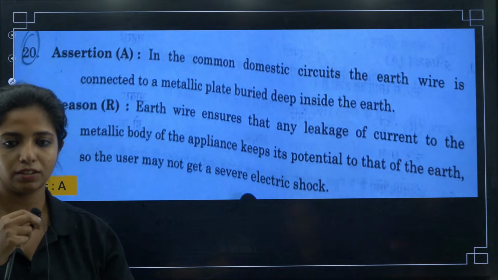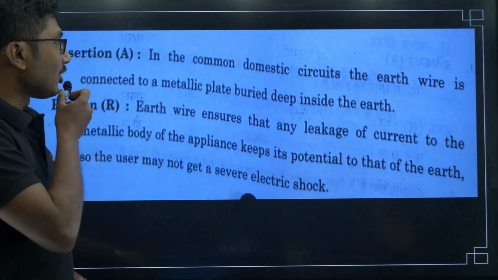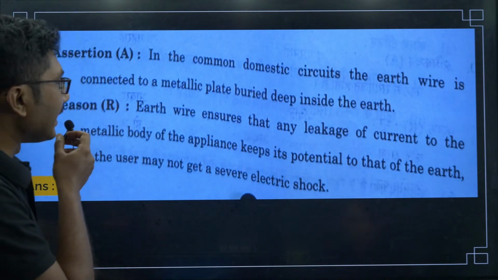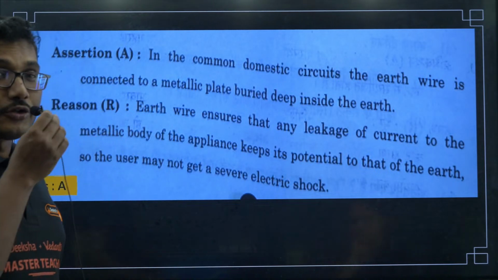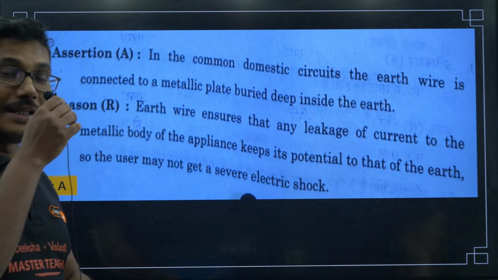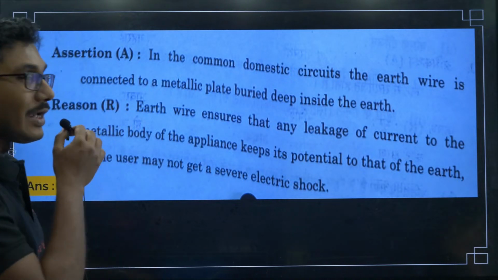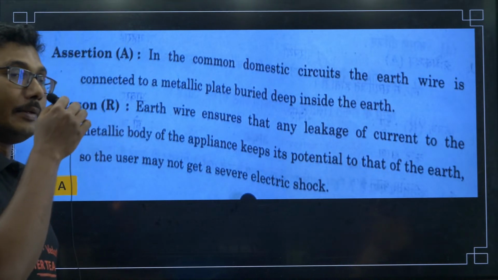Now the next question, I think again it is physics. So I'll call physics sir, Samik sir. Another easy question again. In common domestic circuits, the earth wire is connected to a metallic plate buried deep inside the earth. Obviously that is how the earthing is done. So you have to bury a wire deep inside the underground. That is called the earthing wire, and the earthing wire basically prohibits any leakage of current that is happening, from which you may get shocked.